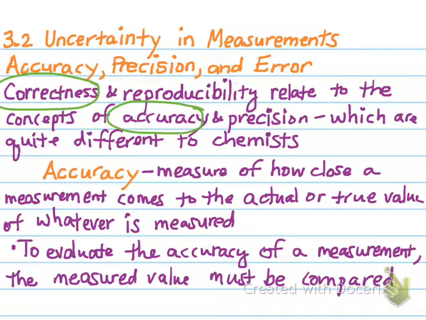And so you can compare the boiling point you measure to the boiling point that it really is supposed to be. So for accuracy, to be able to talk about how close or how correct we are, we have to be able to know what the true value is.